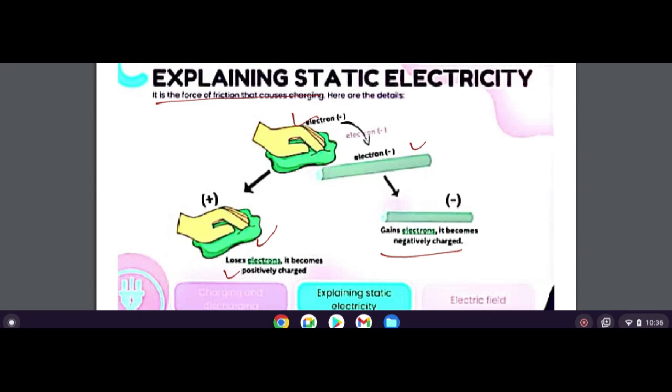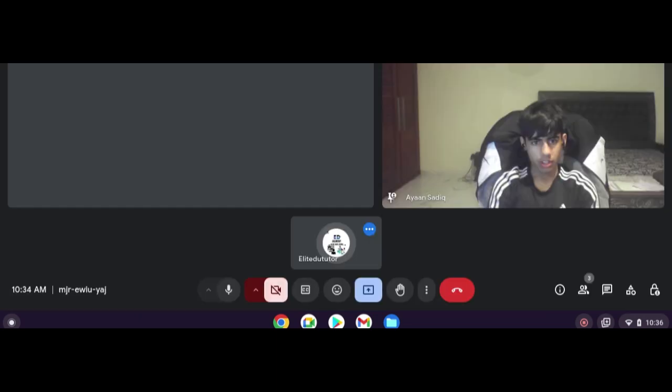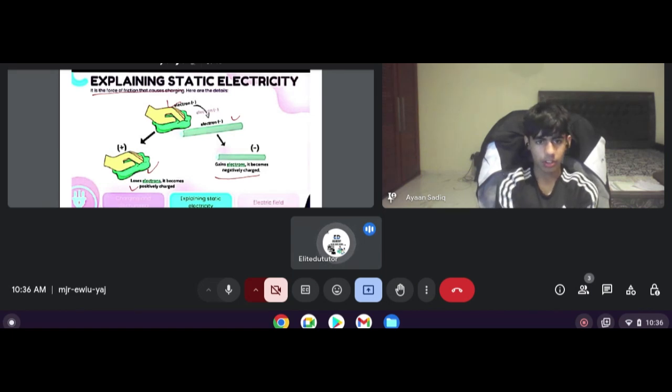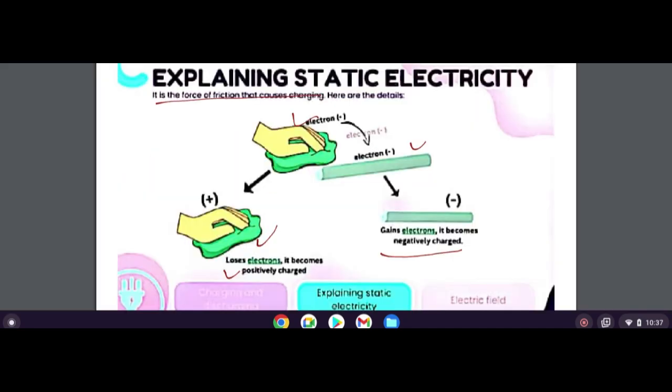Why will it lose its electrons to the rod? Do you have any answer about this? Why does the cloth lose its electrons towards the rod? Because the rod is positively charged. Yes, because of the force of attraction. And why does the rod gain electrons and become negatively charged?